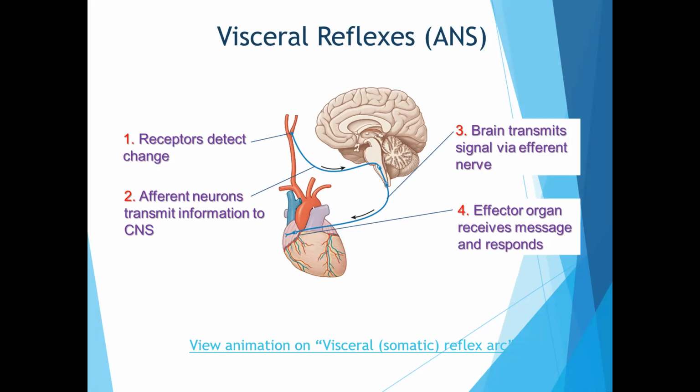So our afferent neurons are going to transmit that info to our brain. Remember, afferent arrives. The brain's going to interpret that info and then send a signal via an efferent nerve. Remember, efferent exits, and then the organ is then going to respond based on whatever that signal is. And oftentimes they're going to get that signal from a nerve that is part of the autonomic nervous system.